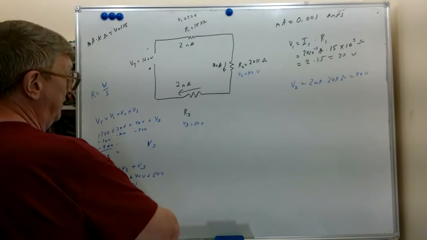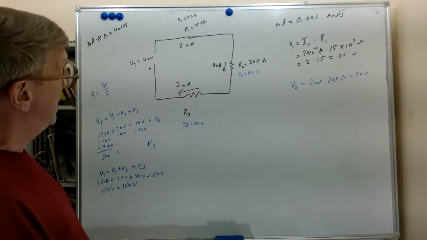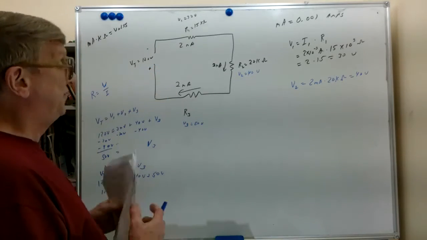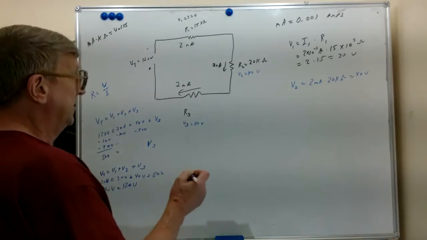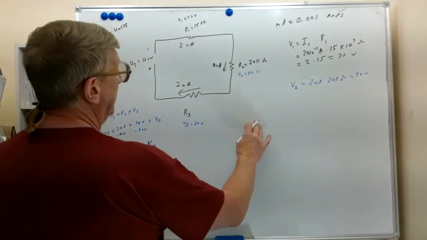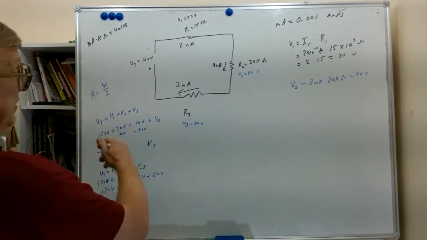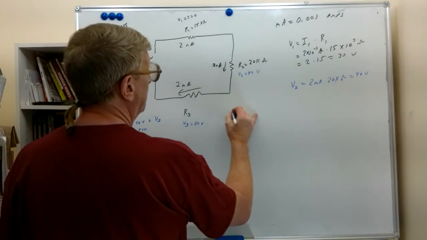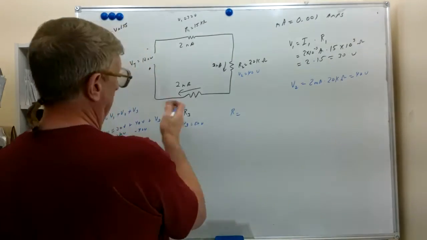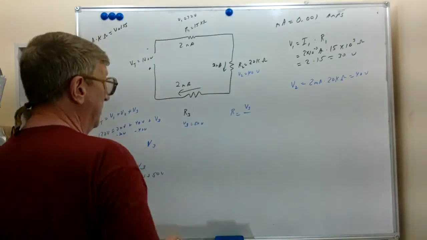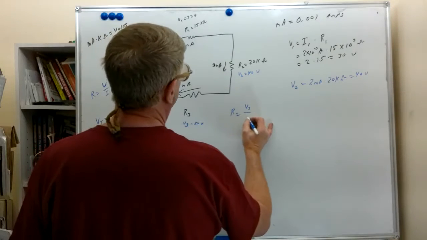So now we have the current and the voltage. Well, we can find R3, the resistance, can't we? Because we have the formula resistance equals voltage divided by current. So let's say that R3 is equal to voltage 3, V3, over the current of 2 milliamps.